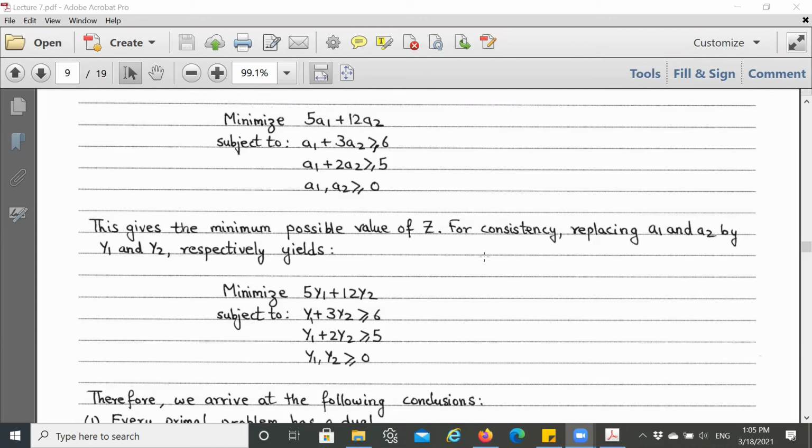If you have decision variables written in Y's, that means it is the dual form. So similarly, I just convert this guy into this guy, where I'm replacing A1 with Y1 and A2 with Y2, just for the sake of consistency. So it's the same thing. Keep in mind what happened: maximize became minimize, less than or equal to became greater than or equal to.